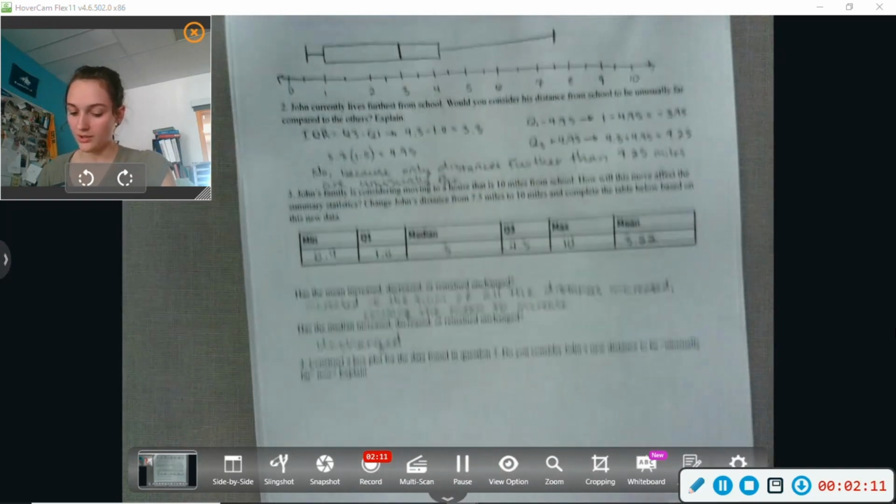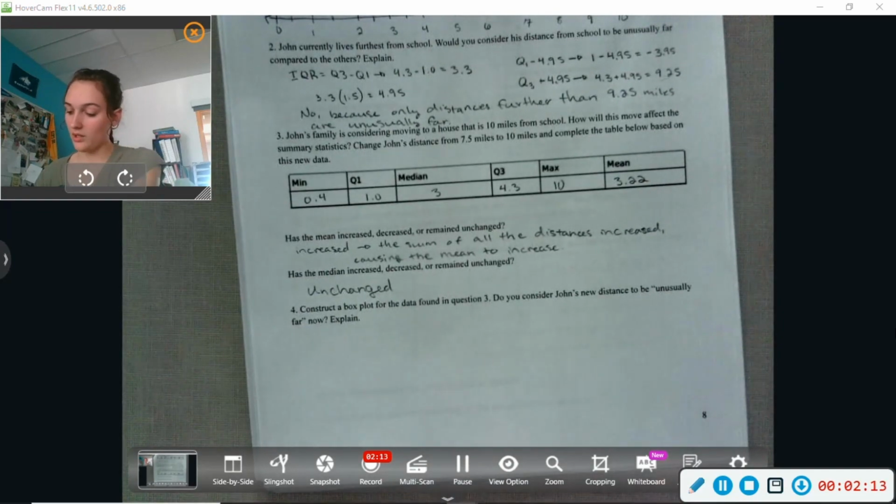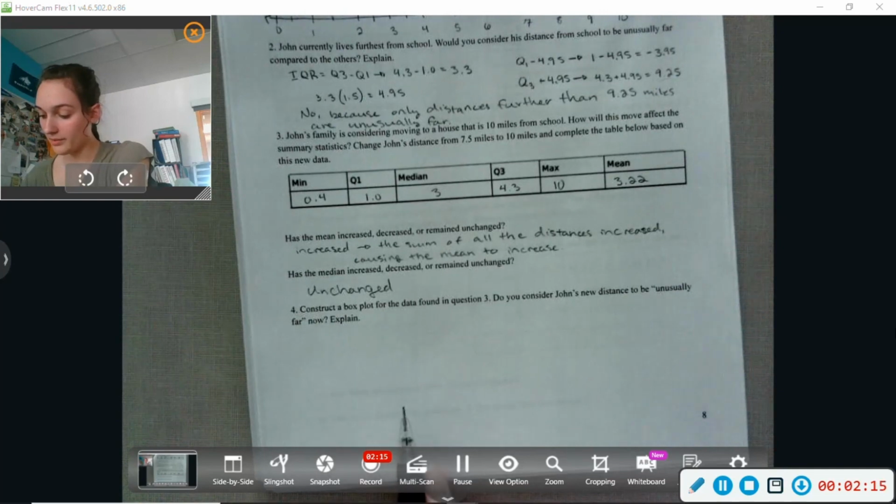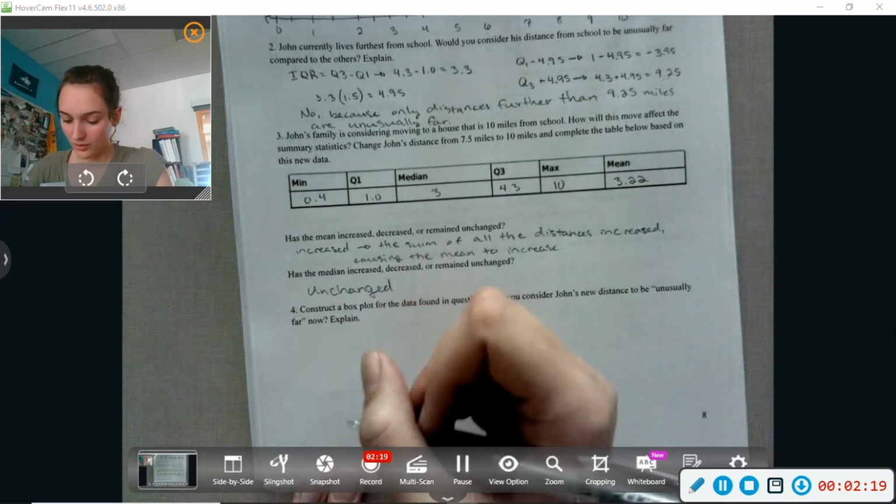Okay, so now they want us to make a new box plot based on this data. Okay, so now I'm still going to go 0 to 10.